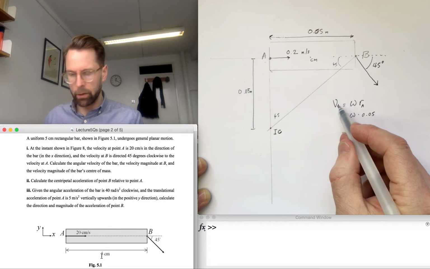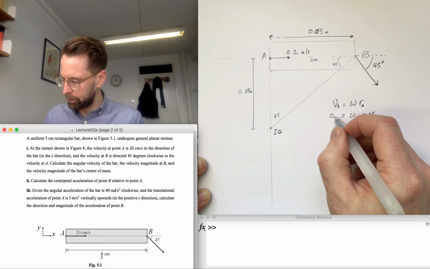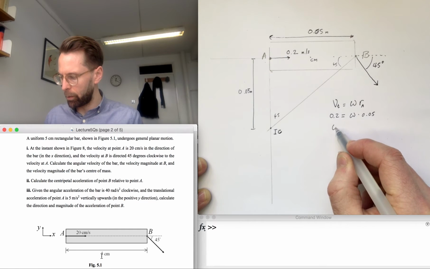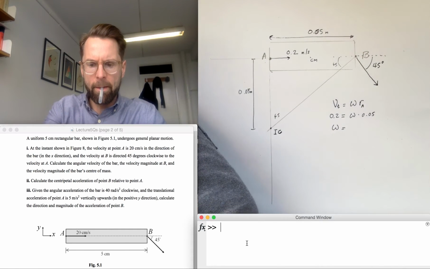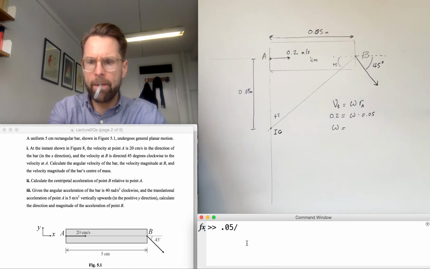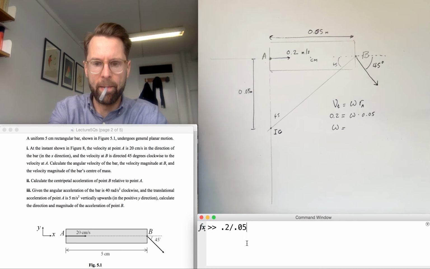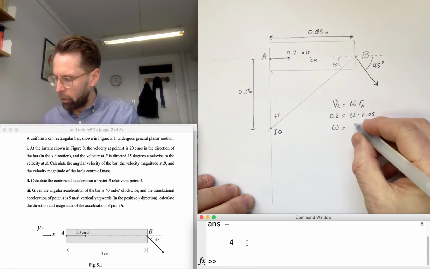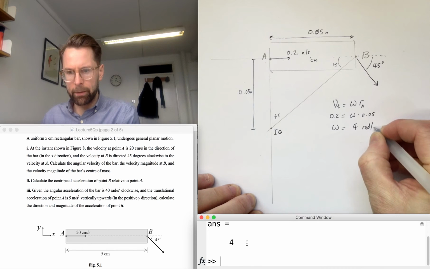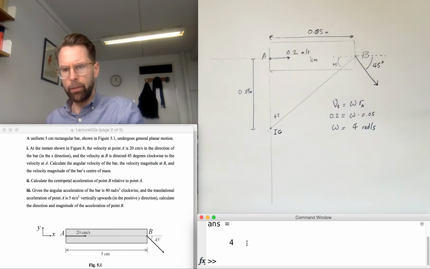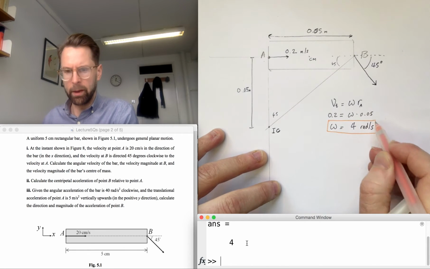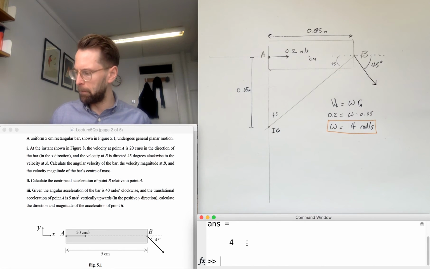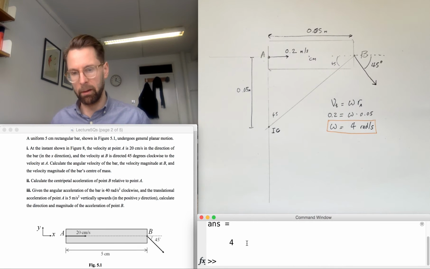And the tangential velocity magnitude is 0.2. So with a bit of rearrangement, we find that the angular velocity of the bar is 0.2 divided by 0.05, 4 radians per second. That's the first. Give it a nice box to make it easy for the marker. So that's the first part of the first part.